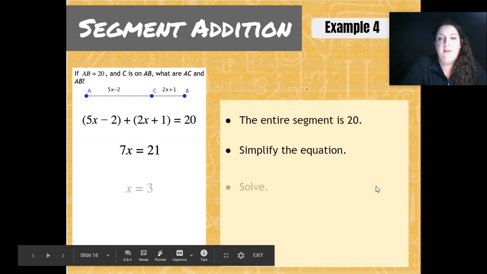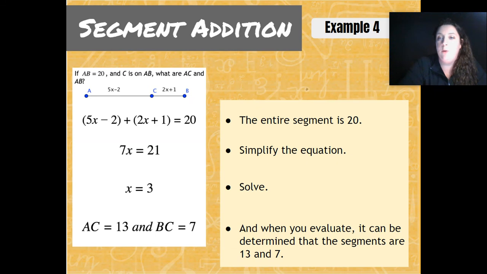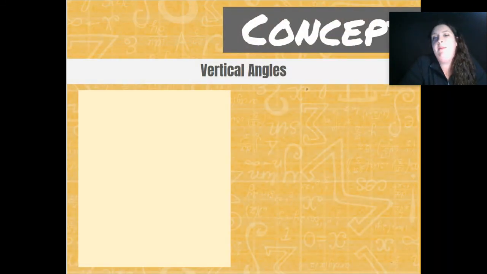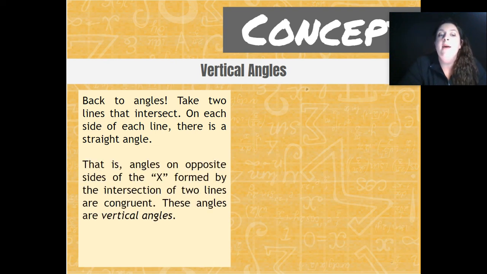So we just did all of this. Here's another example of what we just did together. Now we have vertical angles. Back to the angles. Take two lines that intersect. Each side of each line, there is a straight angle. Those are the angles on opposite sides of the x, formed by the intersection of the two lines, which are congruent.